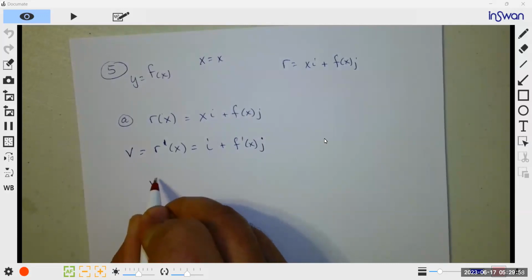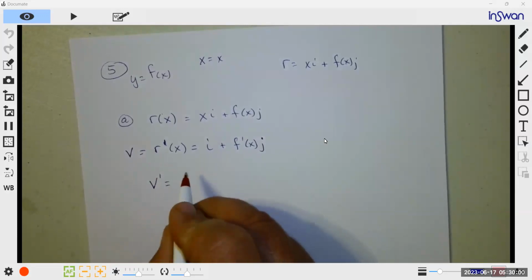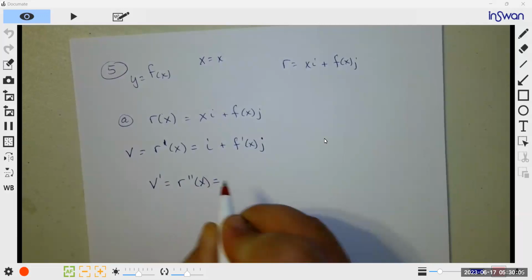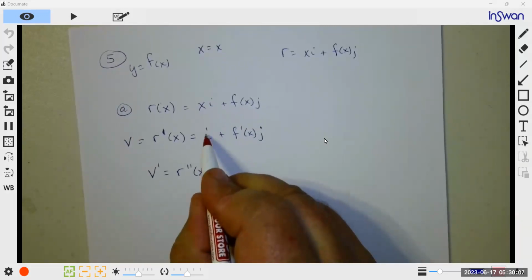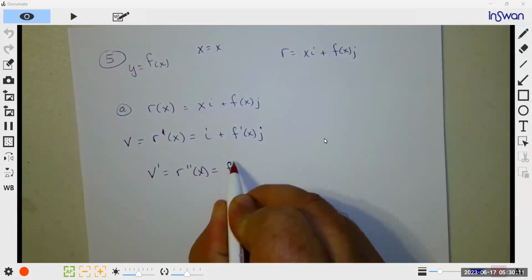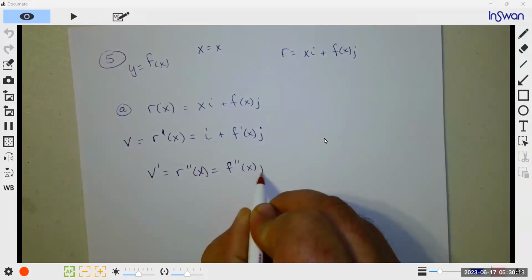So v prime is r double prime. Derivative of i is 0, so we have f double prime of x j.